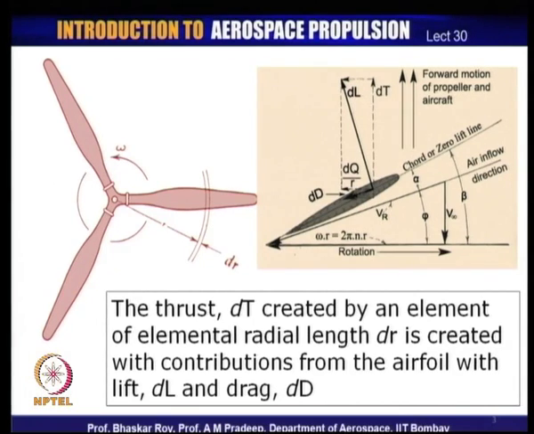CL-CD characteristics. So, one needs to be very careful what is the angle at which this blade section is being set with reference to the angle at which the flow is expected to come into the propeller. So, the angle of V_r and the angle at which the blade section is set need to be very close to each other, so that you have an angle of attack alpha, which is within the operating range of this particular aerofoil as characterized by its CL-CD characteristics.